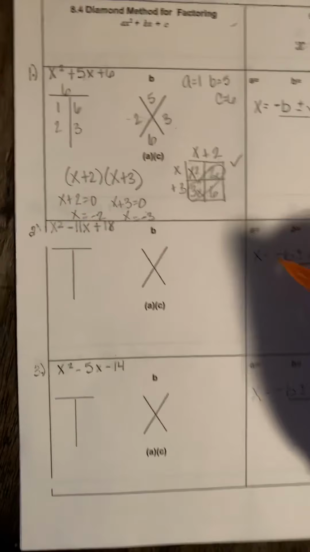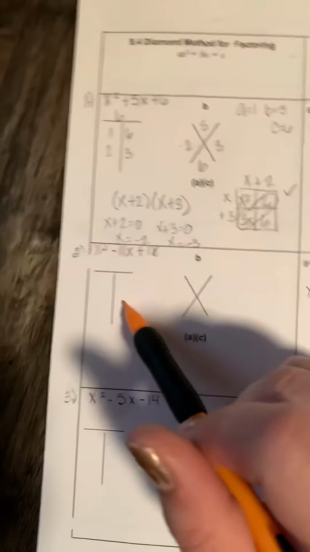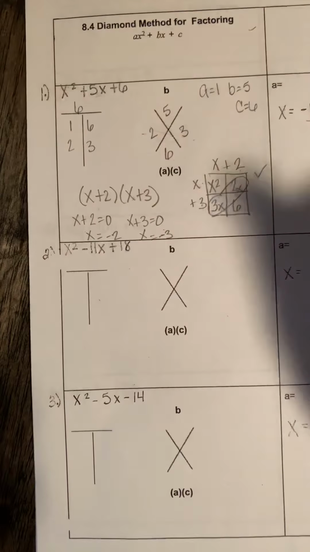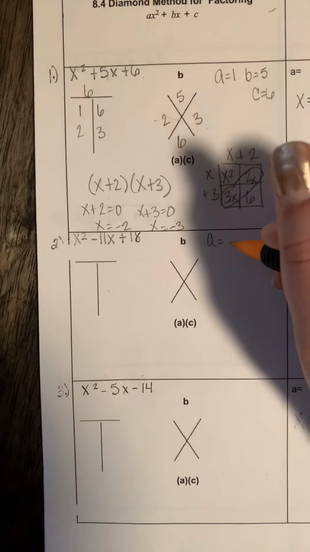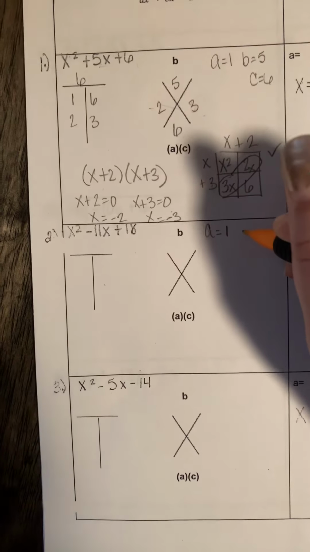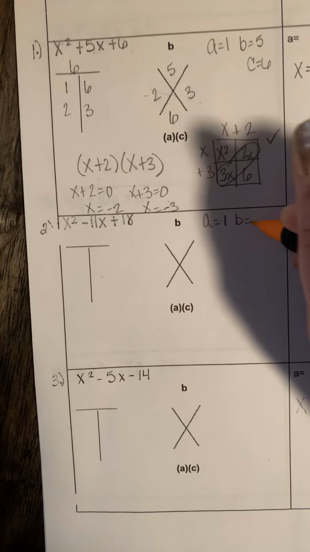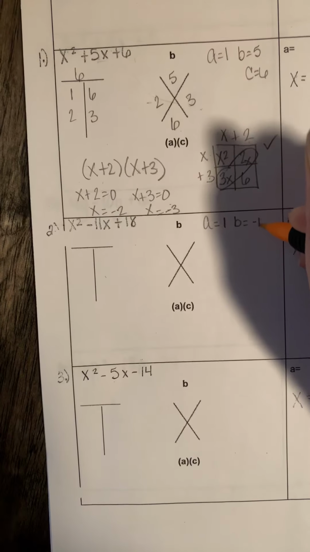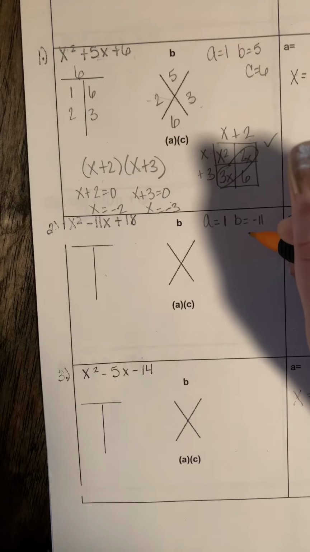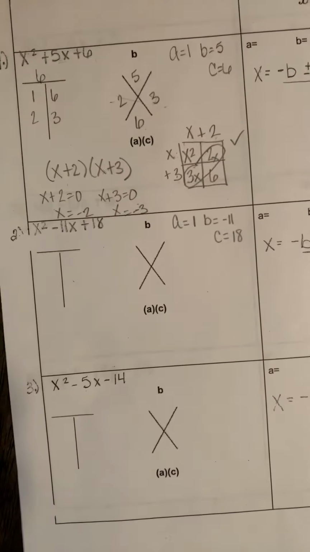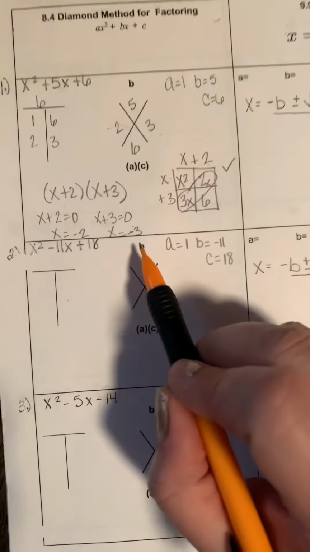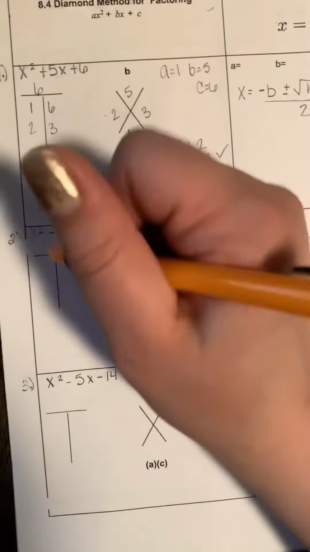Okay. Let's do the next one together. So our A is 1 again. B is negative 11. And C is 18. Okay, so we're going to factor our 18.